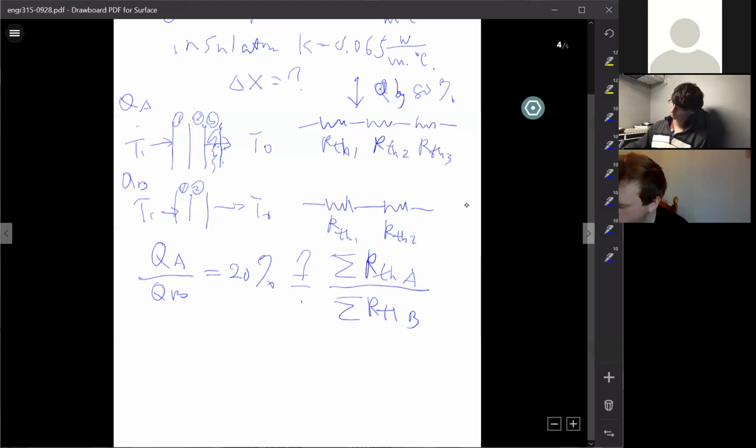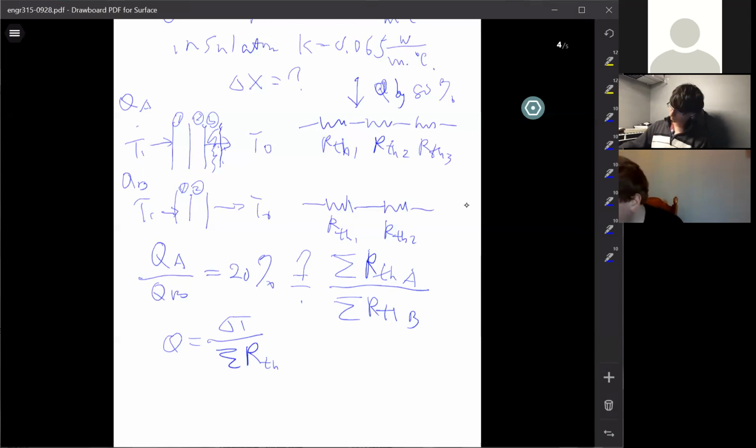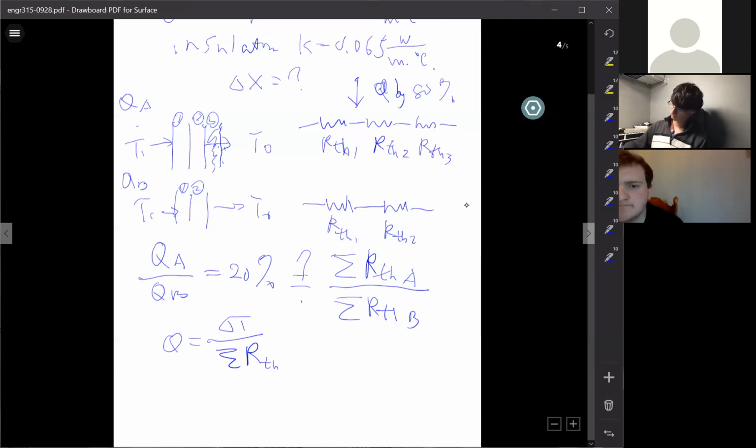Well, again, Q equals to delta T divided by summation of RTH, right? So in this problem, think about the practical situation. Inside the room, temperature is T1, outside air temperature T0, okay? So the delta T doesn't change. It's a constant between these two situations. Do you agree?